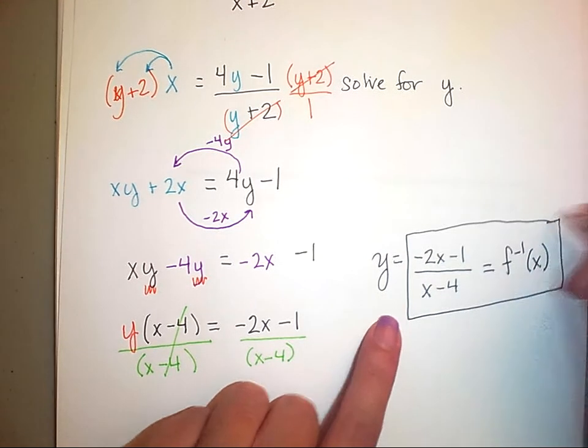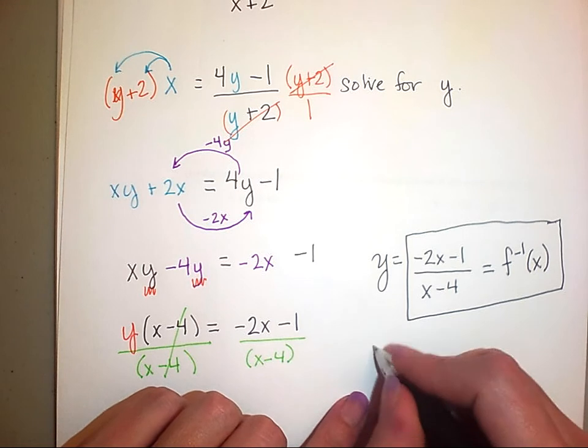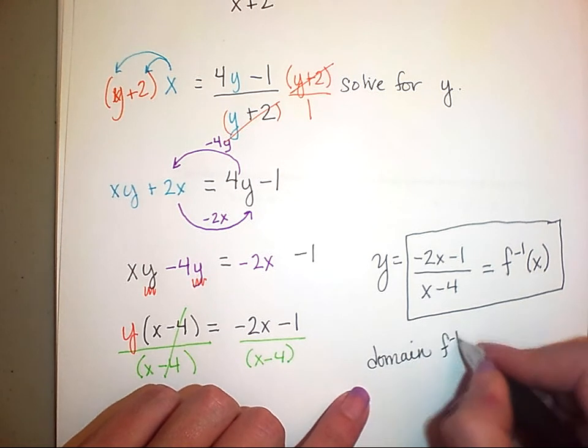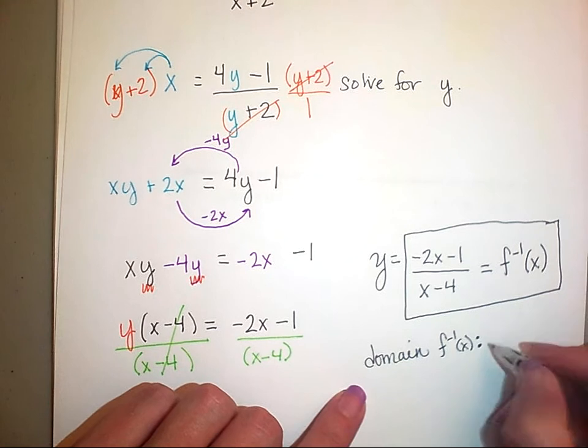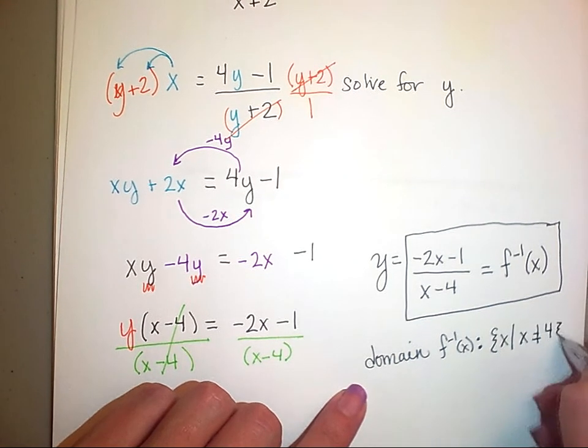Okay, so we know this. And let's see the domain of this. Okay, so the domain of f inverse, well, that's the set of all x such that x cannot equal 4.